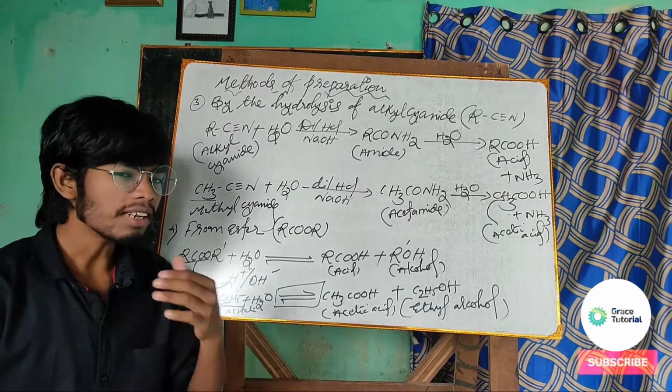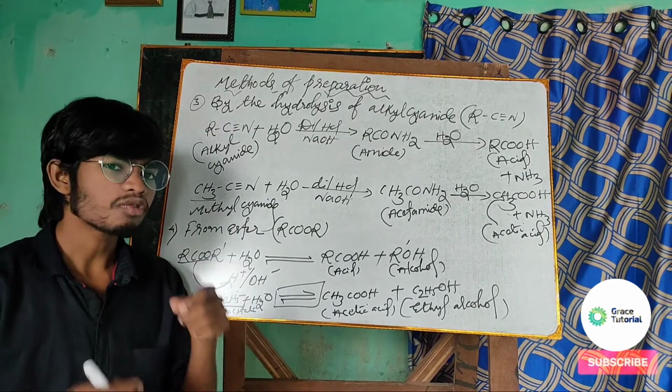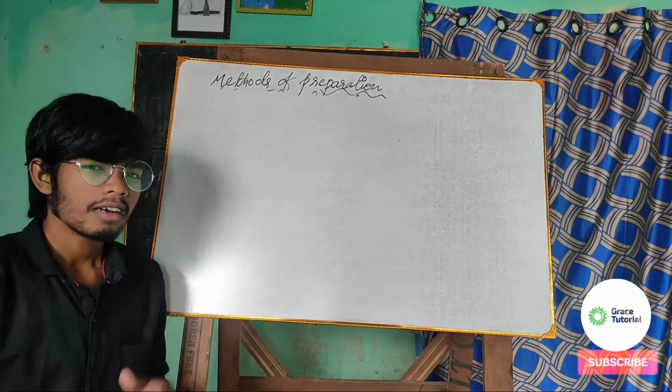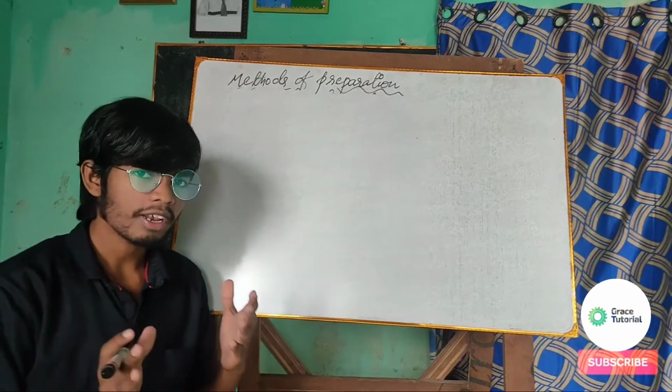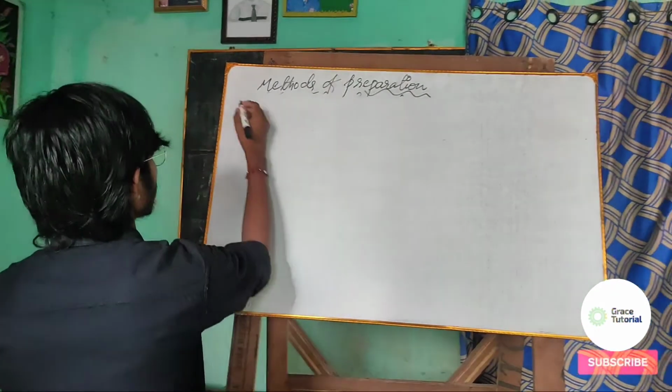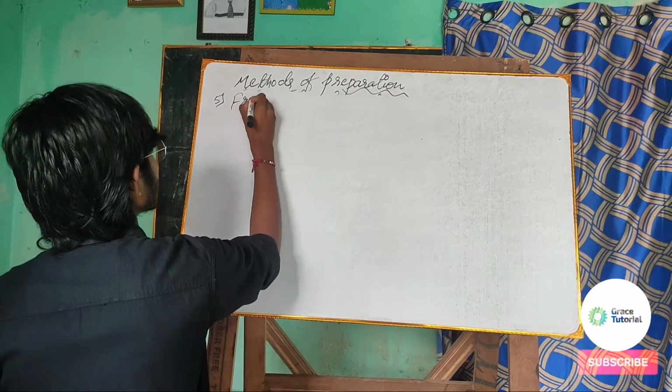And now we will discuss the last method of the preparation of carboxylic acid, that is from Grignard's reagent. Now the question is how the acid is prepared from Grignard's reagent. Fifth method, from Grignard's reagent.